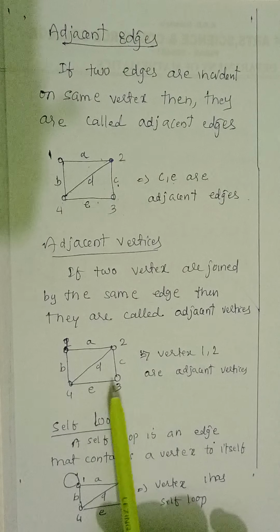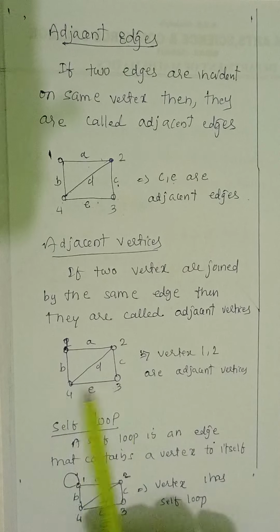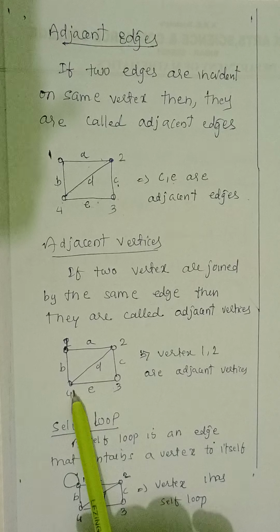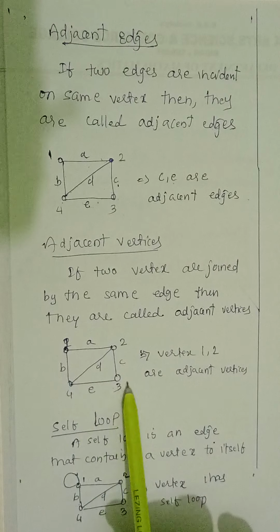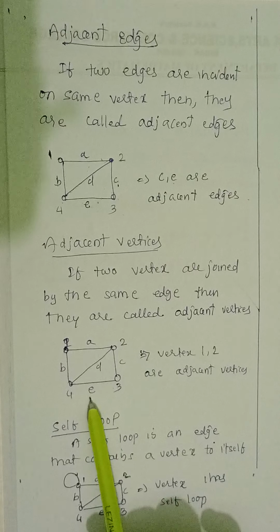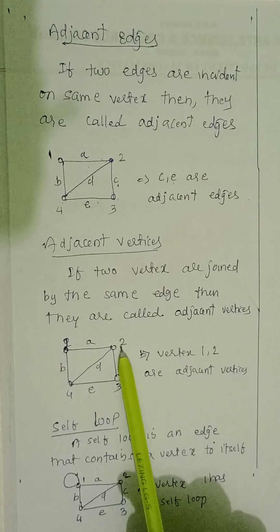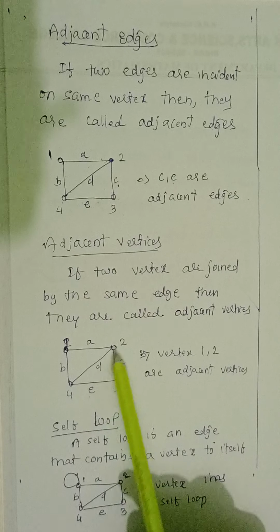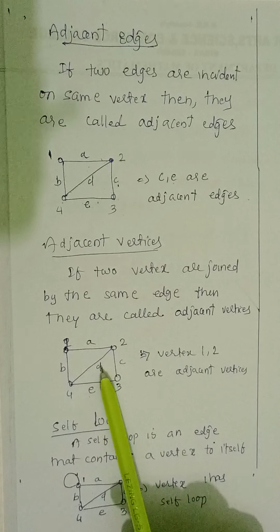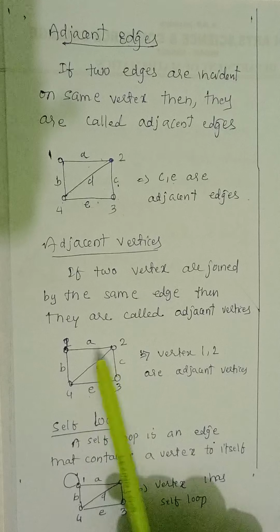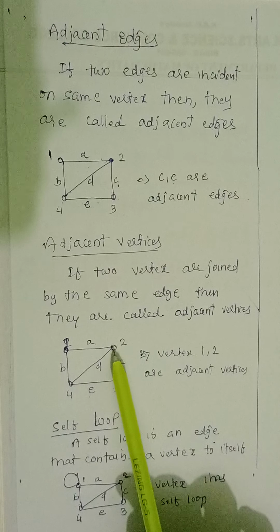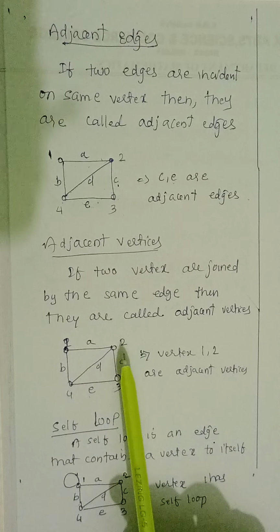Vertex 4 and vertex 3 are adjacent vertices because these two vertices are joined by the same edge E. And vertex 4 and vertex 2 are adjacent vertices joined by edge D. So this is the definition of adjacent vertices.